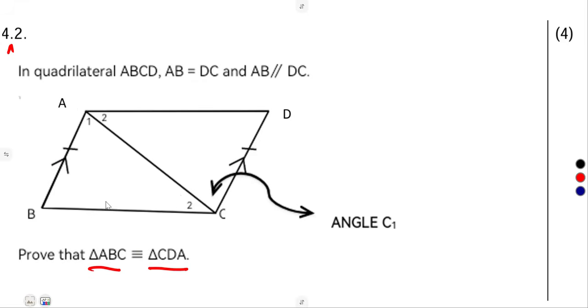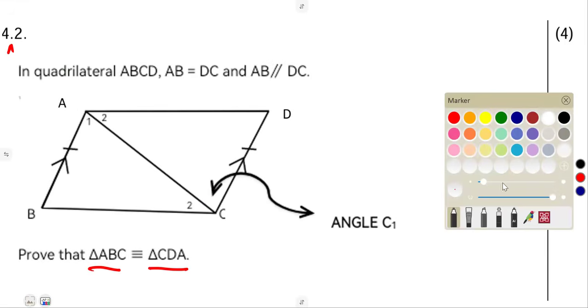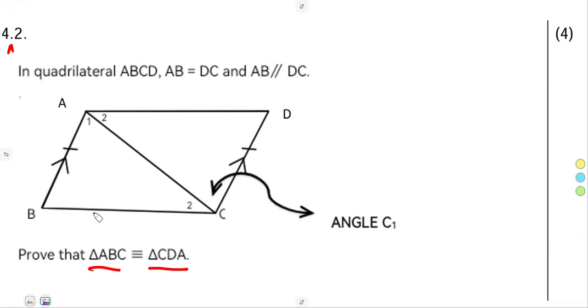So to prove, we must have any one of those conditions, like I said. Any one of these. So let's check. The triangles that we're supposed to prove are this one, ABC, and CDA, this other triangle.